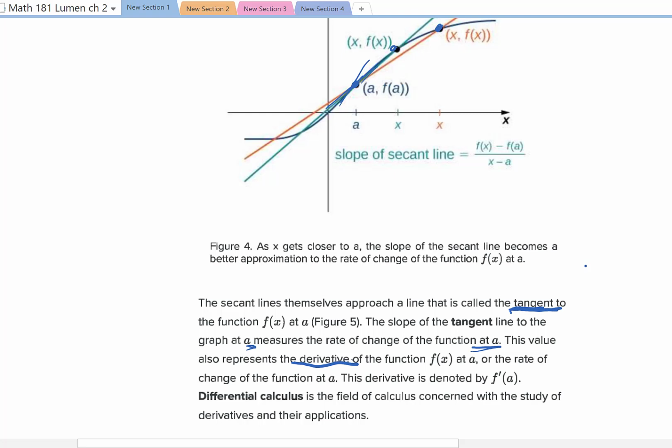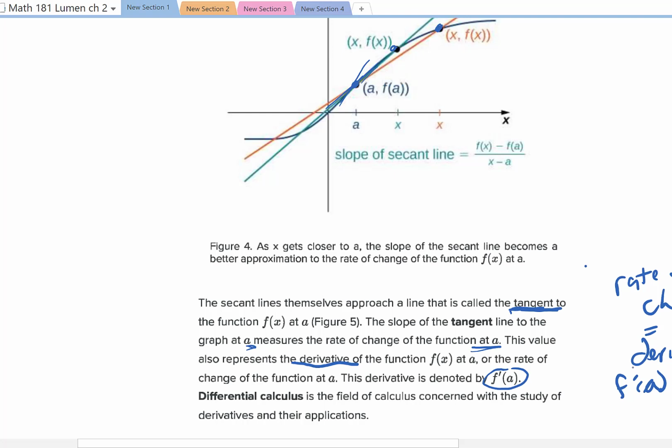So rate of change is the same as derivative. The derivative is denoted by f prime of a, one of the many ways to denote a derivative. f prime at a is the derivative at that point.